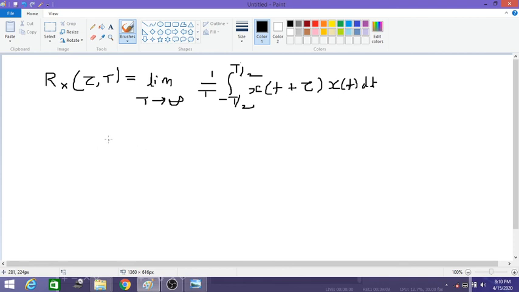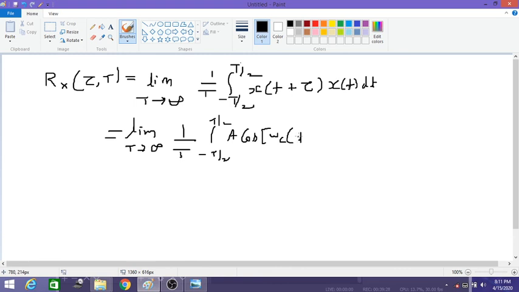So now we are going to substitute here these terms. Now the limit T tends to infinity, it is 1 by T into integral of minus T by 2 to plus T by 2, then it is A cos of omega c of t plus tau plus theta into A cos of omega c t plus theta into dt.